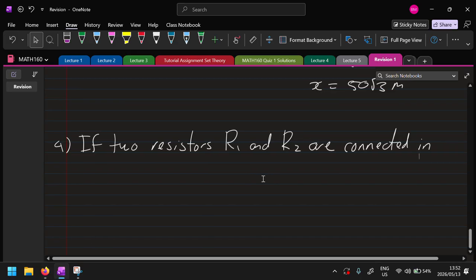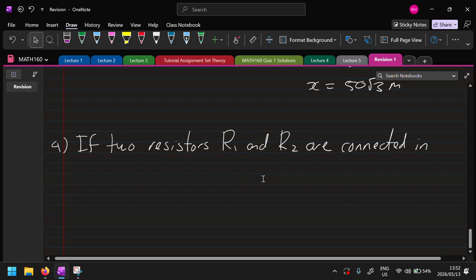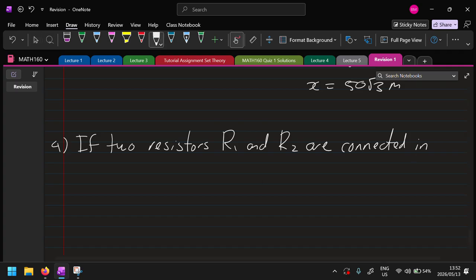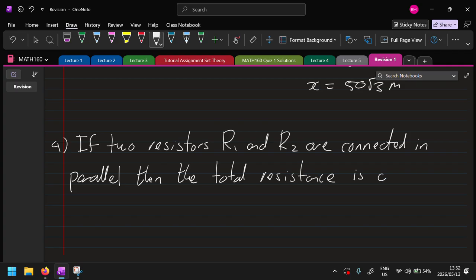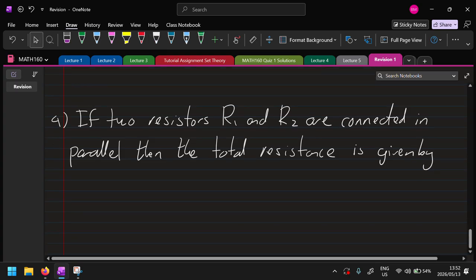Okay. So if two resistors, R1 and R2, are connected in parallel, then the total resistance is given by, so we know what it is from physics, but I'll give you the formula here.